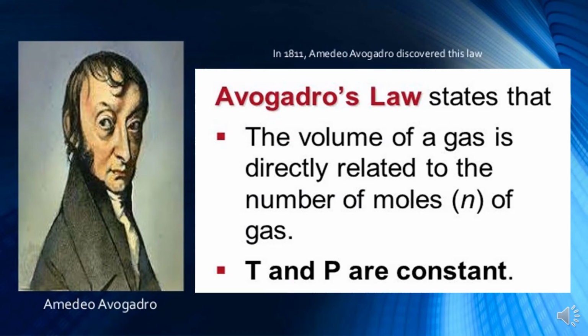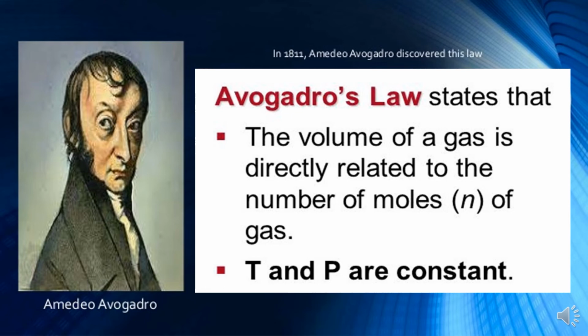And the fourth gas law is given by Amedeo Avogadro in 1811, which states that the volume of a gas is directly related to the number of moles of a gas, provided that temperature and pressure remain constant.